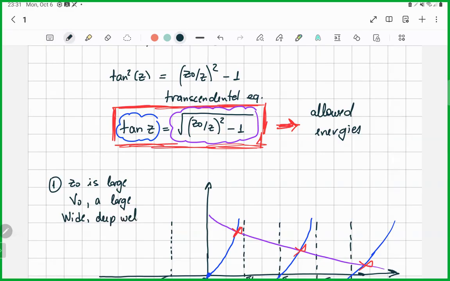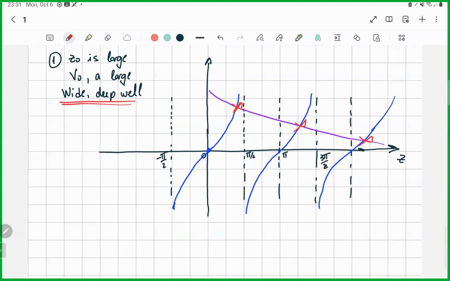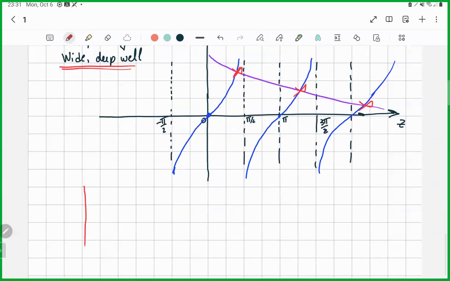Well, what is so special about this? If this is very deep, very wide, this is making us closer to the infinite square well. Have this in your mind, okay?